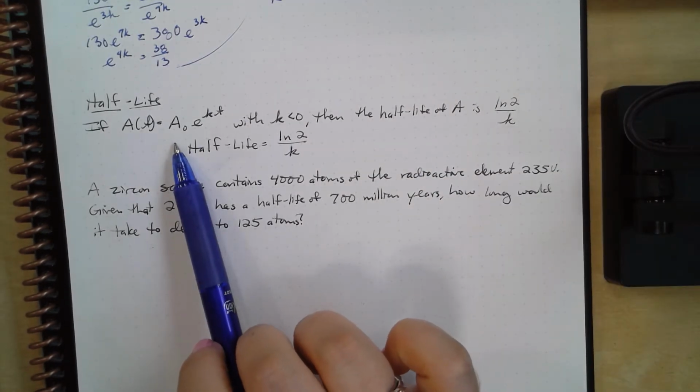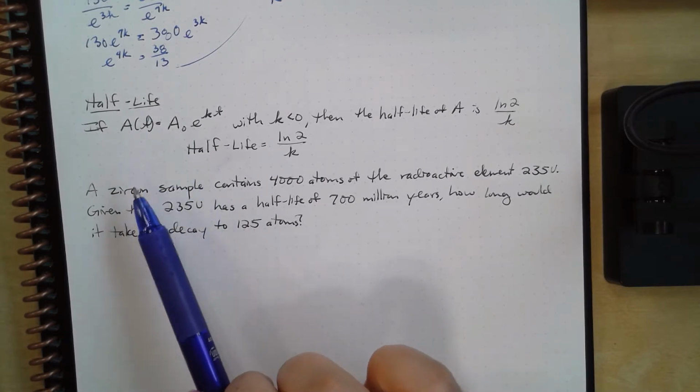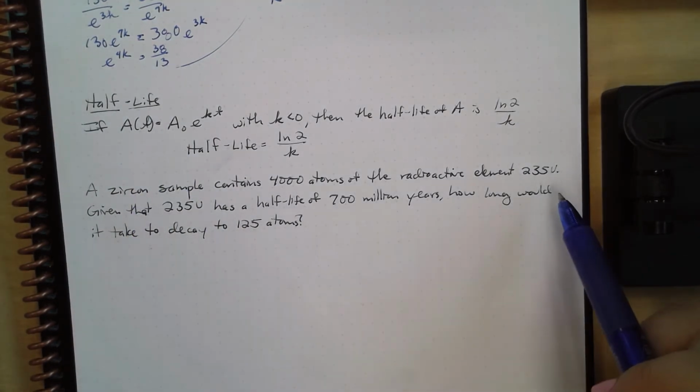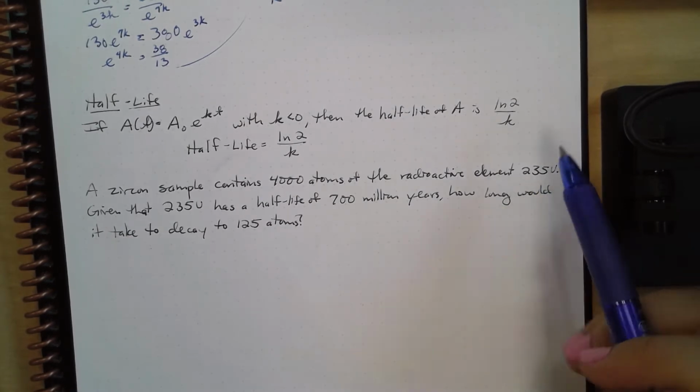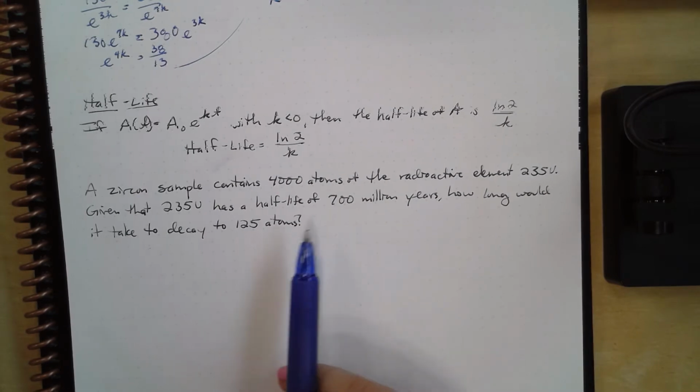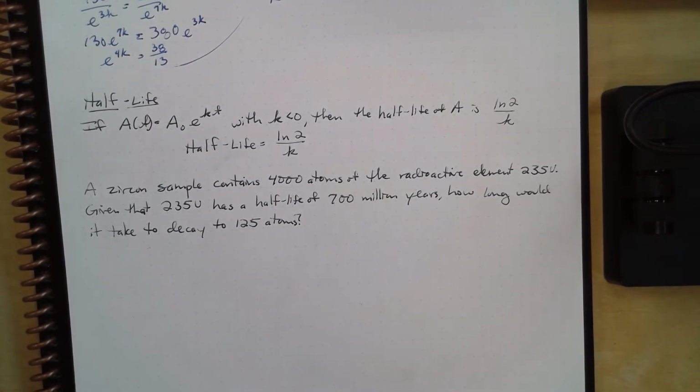And this is our model, which you can see lines up with our y equals Ce^(kt) model for half-life. So a zircon sample contains 4,000 atoms of the radioactive element 235U. Given that 235U has a half-life of 700 million years, how long would it take to decay to 125 atoms?